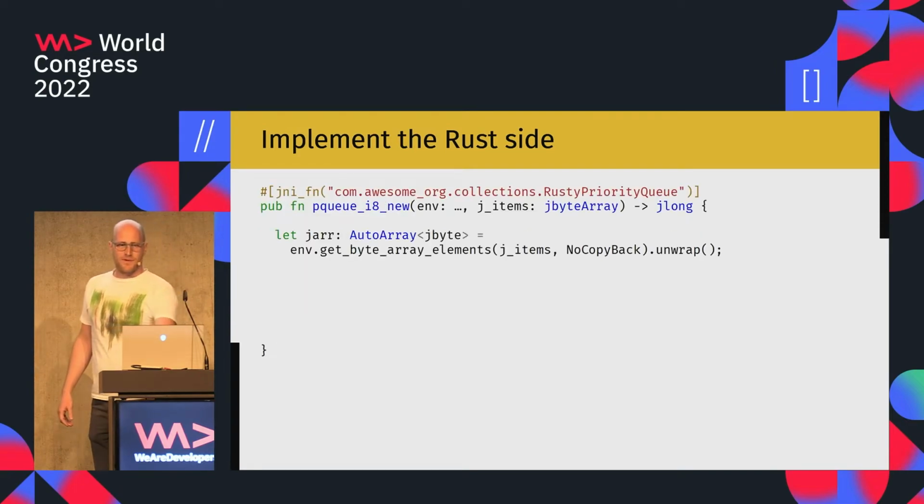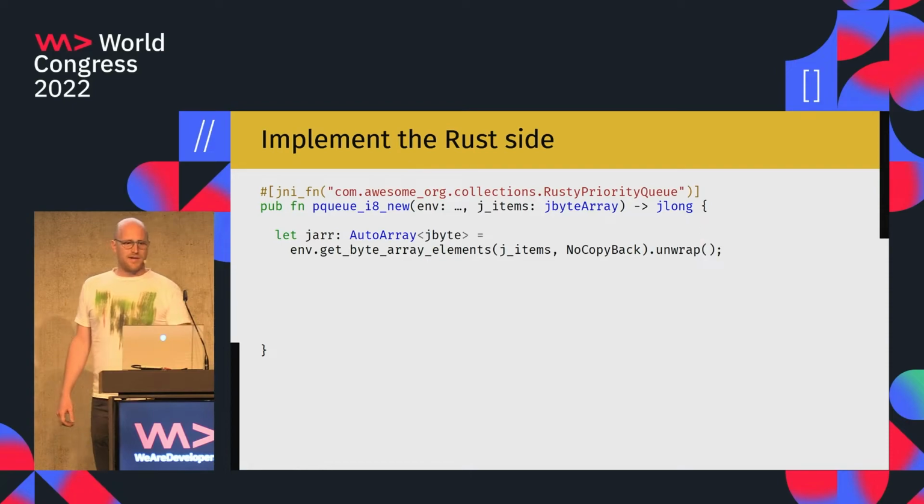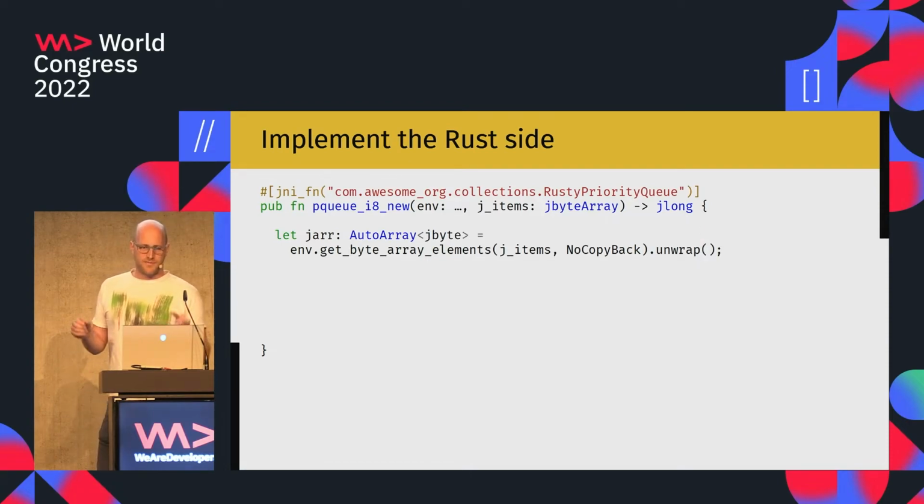Okay, so let's get to the implementation. We have to use this JNIEnv to get the array from this JByteArray object with the get_byte_array_elements function, and we have to tell it it will return us a copy, and if we do changes, we have to tell it if it should copy back the changes.